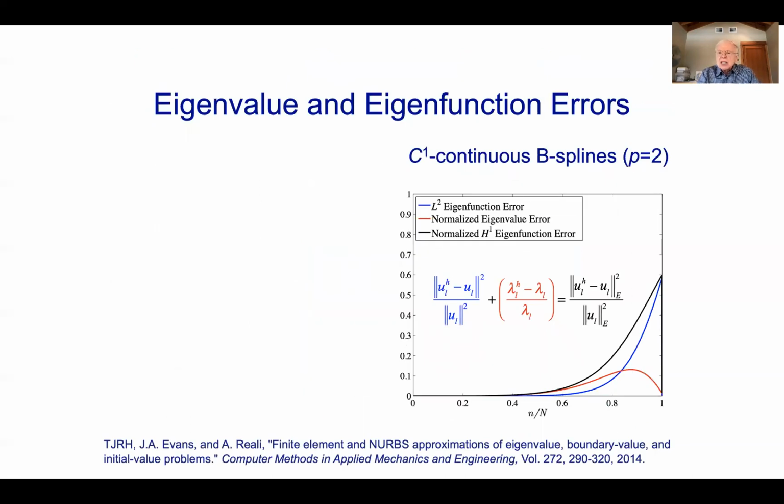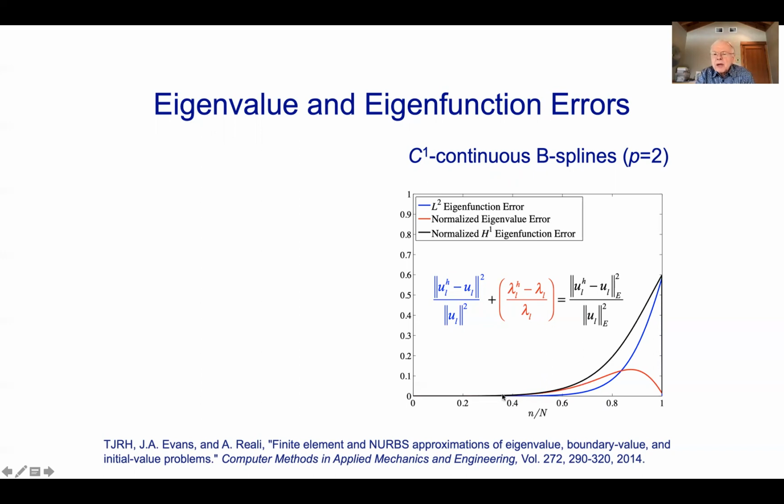And this is an example now. C1 continuous B-splines, P equals 2. And this is the spectrum. So if I have divided the domain into 100 elements, 1,000 elements, 1,000,000 elements, that's n. And then this is just the mode number, small n. So in the middle, you have some very small error here, less than 1% or order of percent in these quantities.